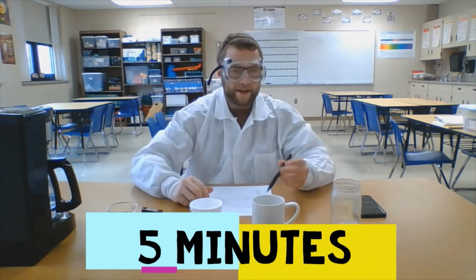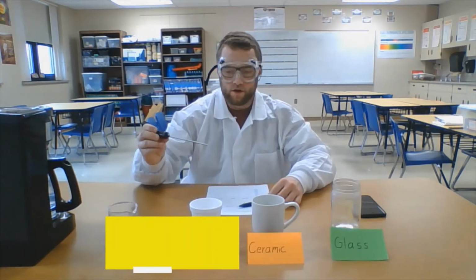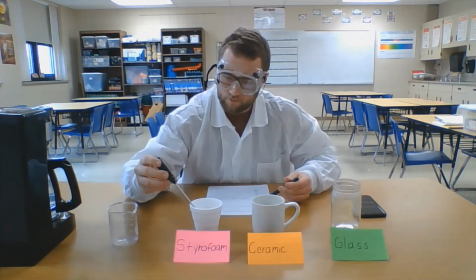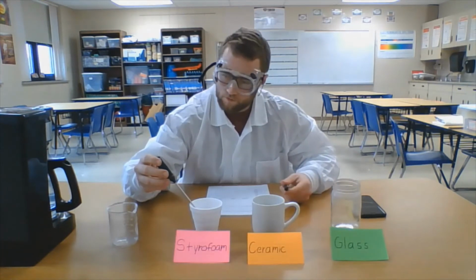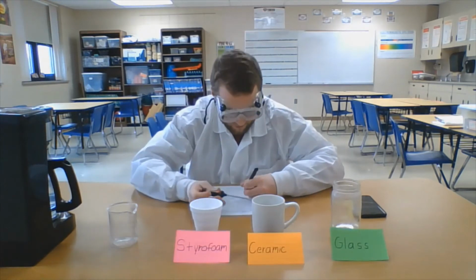All right, welcome back. It has been 5 minutes, so we need another temperature measurement from all 3 of our cups. We will start with the styrofoam. We are getting a reading of 58.2 degrees Celsius.